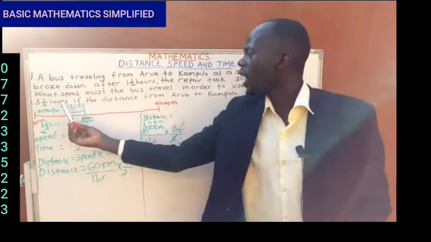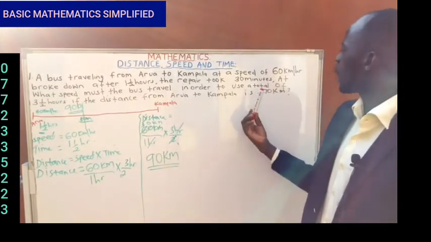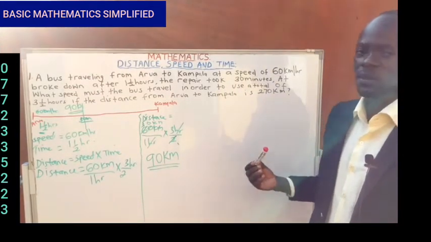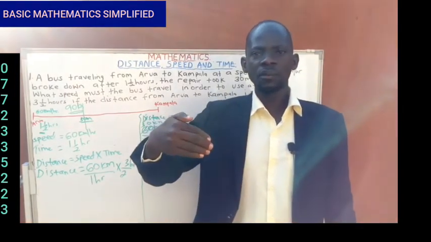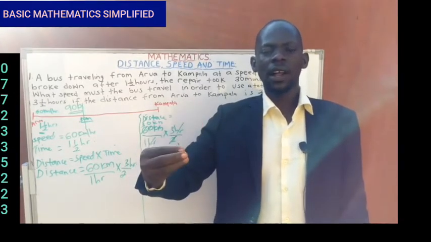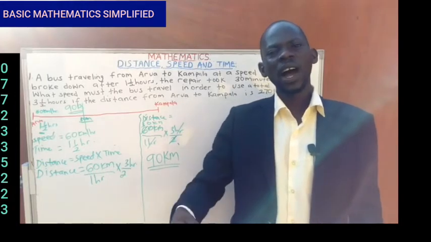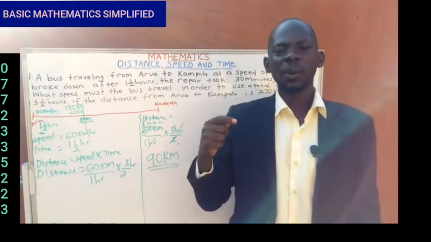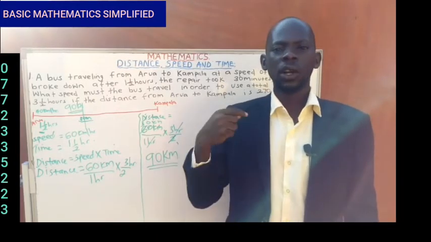If the distance from Arua to Kampala is 270 kilometers, at what speed must that bus now travel? Remember, someone has set a target that I need to reach Kampala after 3.5 hours exactly. But so far I have used 1.5 and the repair has taken me 30 minutes. But now what should I do in order to make sure that I reach Kampala in the targeted 3.5 hours?